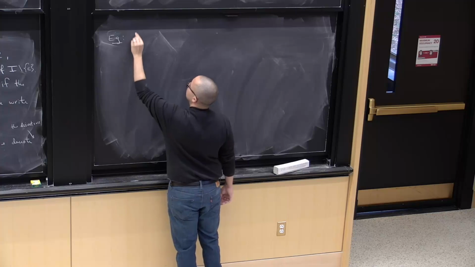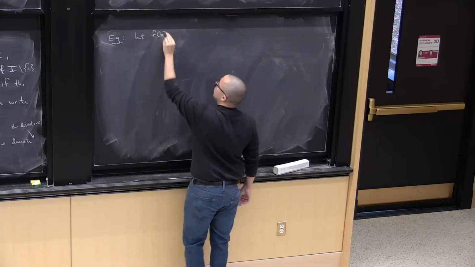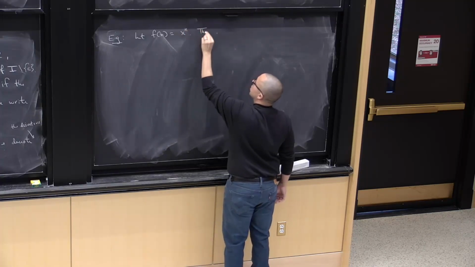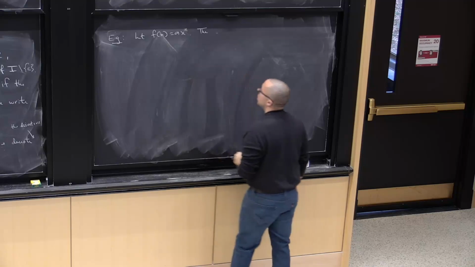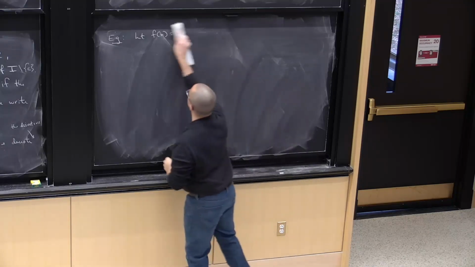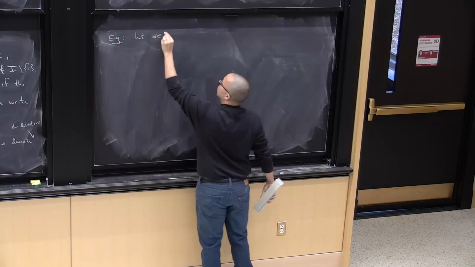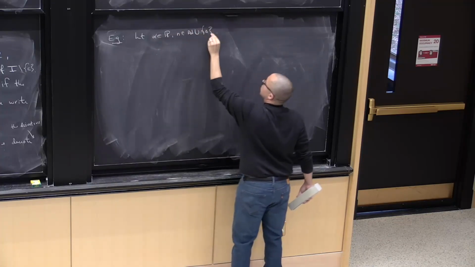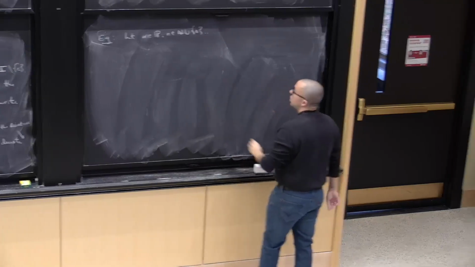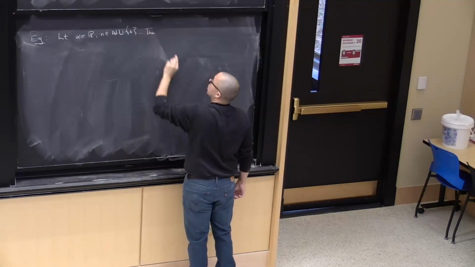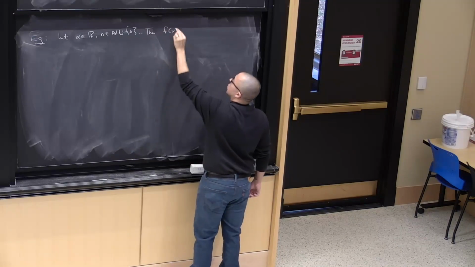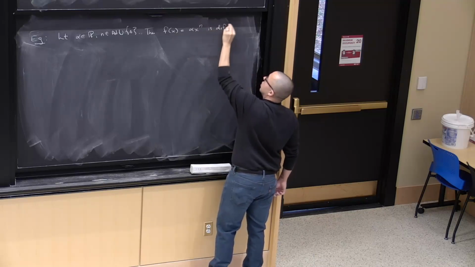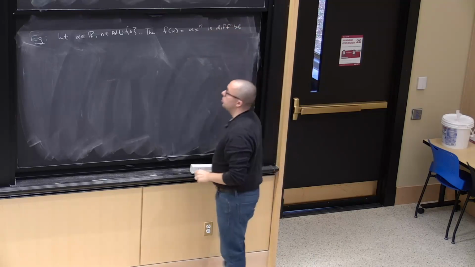So f of x equals x to the n. Let's put even a number in there. So let's write it this way. Let alpha be in R, n a natural number, n at least 0. Then the function f of x equals alpha times x to the n is differentiable.